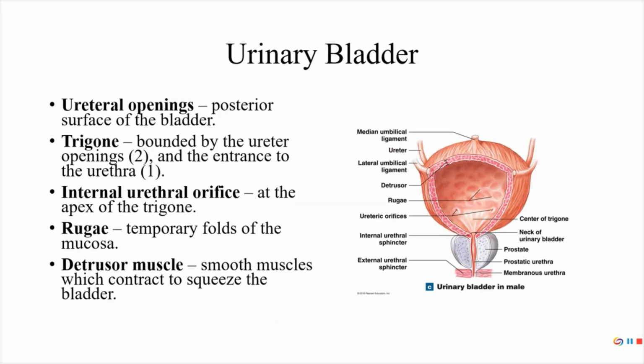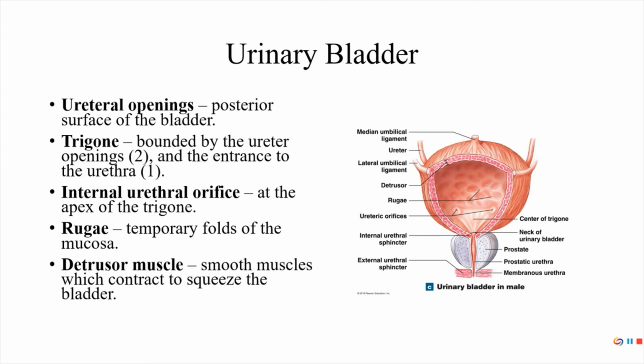Now, I am going to talk about the urinary bladder. The urinary bladder has three openings, two entrances and an exit. There are two entrances on the top called the ureteral openings, where the two ureters come into the posterior or back surface of the bladder.